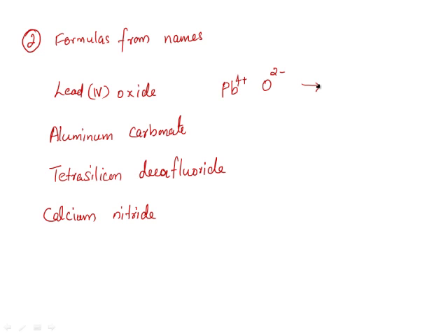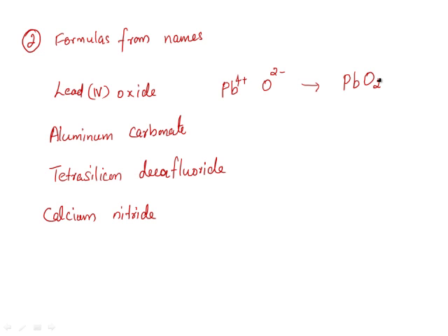If one lead is 4 plus and one oxygen is only 2 minus, to balance 4 positive charges, how many negative charges do you need? 4 negative charges. One oxygen gives you 2 negative charge, so how many oxygens do you need? 2 oxygens. That gives us the formula PbO2. One Pb is 4 plus and one oxygen is 2 minus, so 2 oxygens give you 4 negative charges. So that is the correct formula, PbO2.